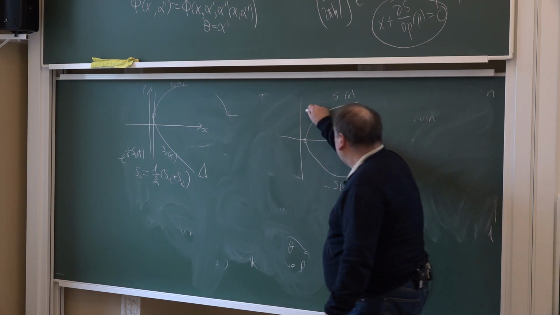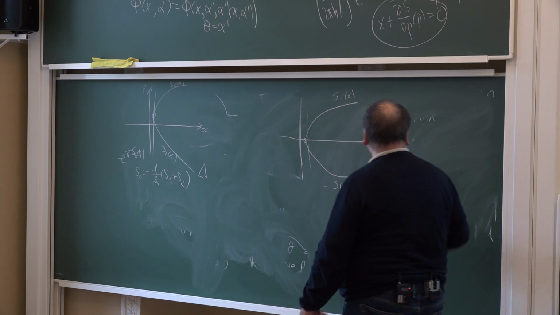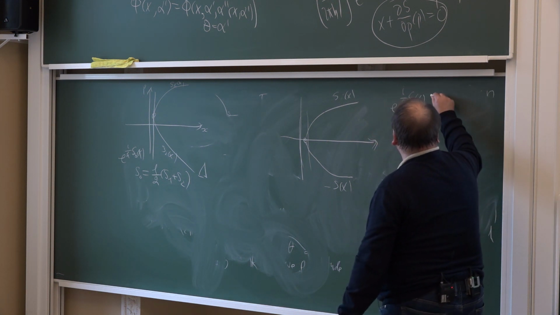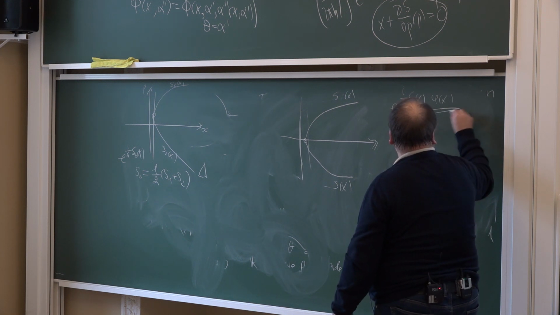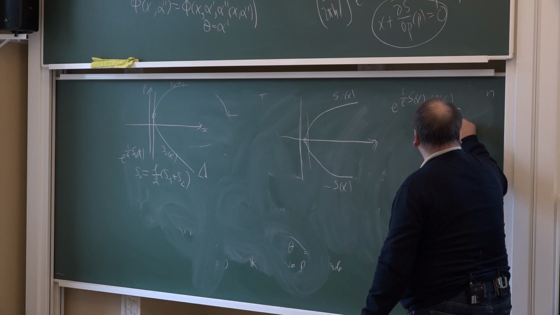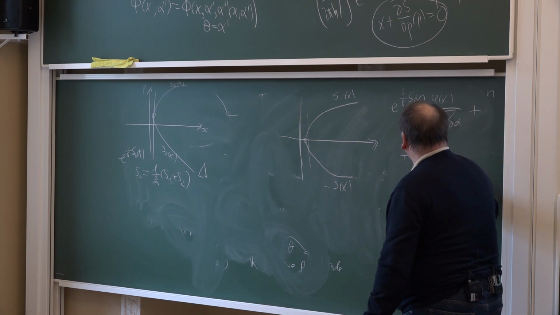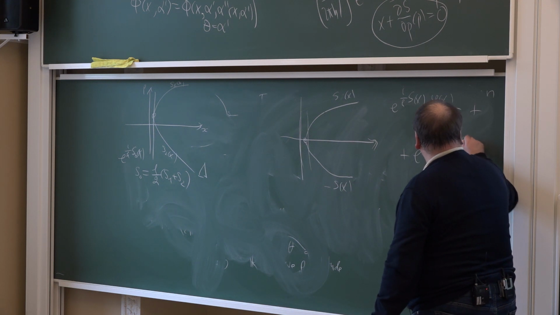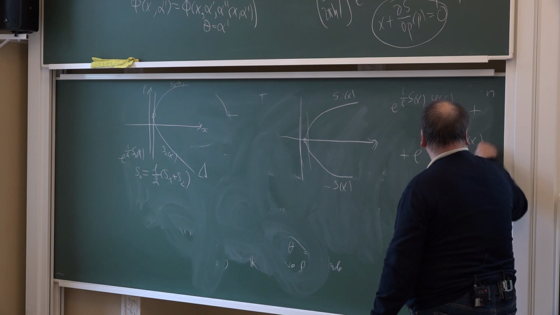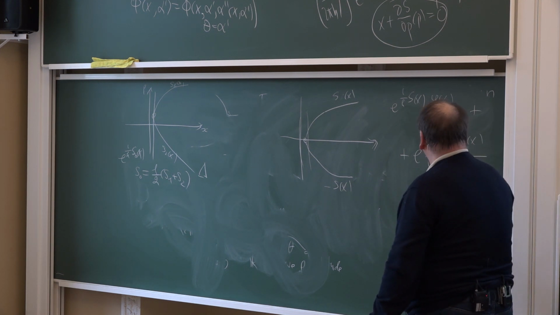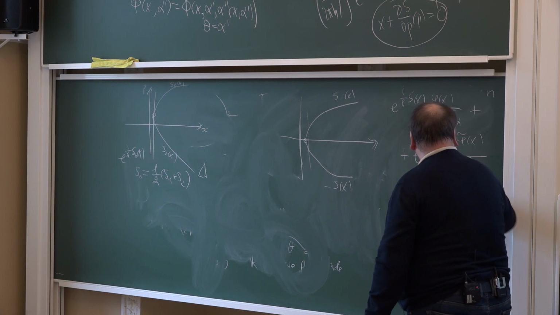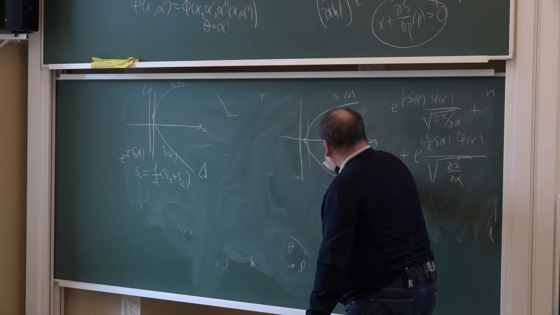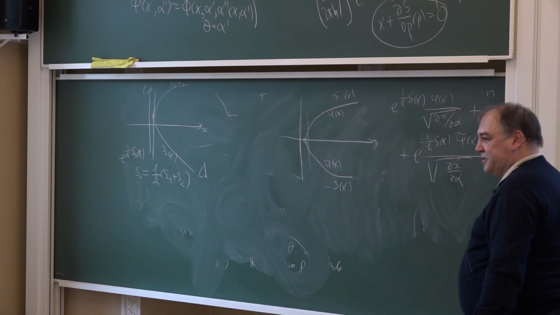So anywhere away from this focal point, my canonical operator has the form S of x, phi of x, divided by square root of dx over d alpha, plus S of x, phi tilde of x, where here I have phi of x is my function, here phi tilde of x. Here is my expression for the canonical operator.